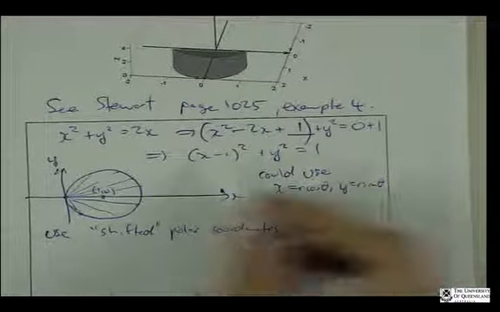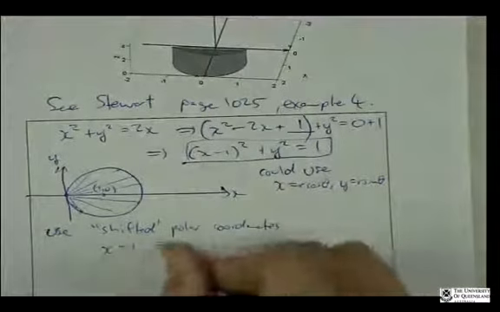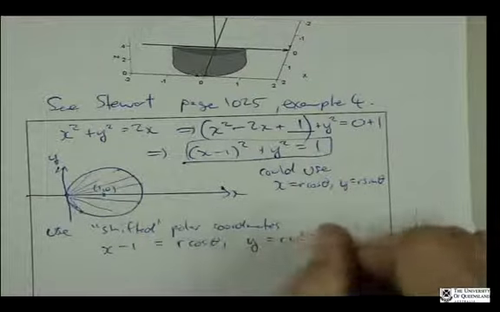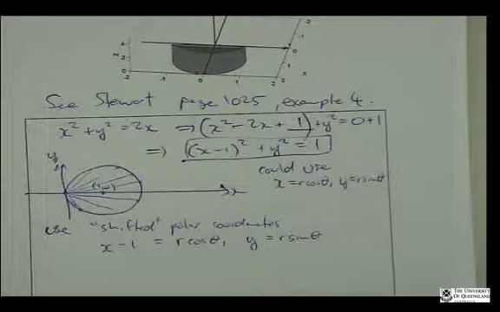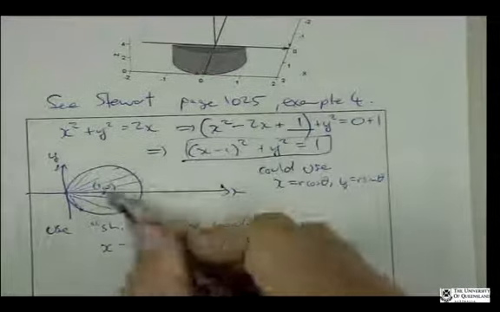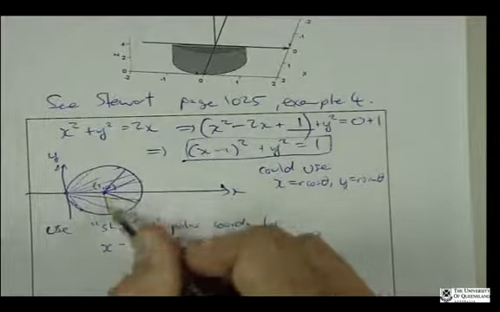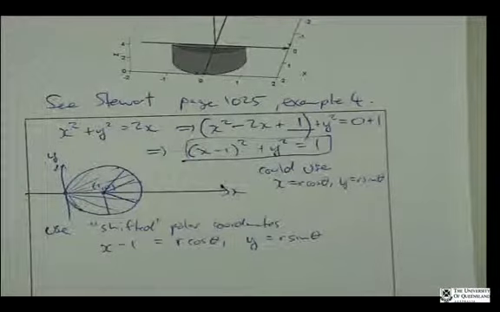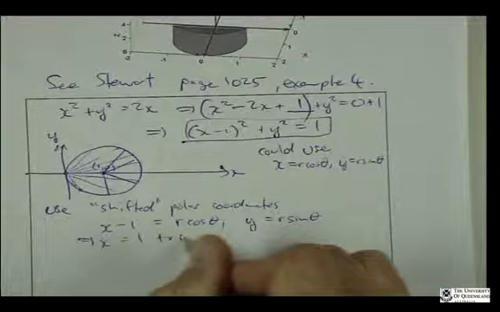In other words, given this equation of the circle, why don't we just set x minus 1 equal to r cos theta and y equal to r sine theta? It's going to amount to a much nicer description of that region. In this case, r is going to be the distance a point lies from the centre of the circle. And so x is just 1 plus r cos theta.